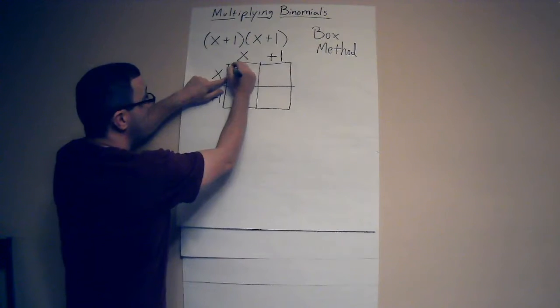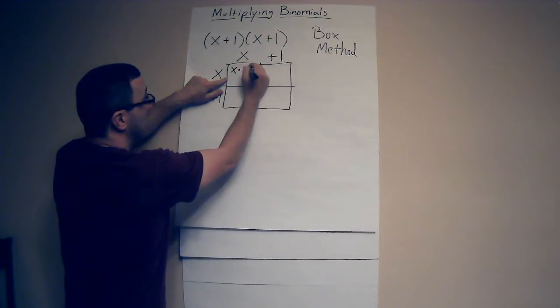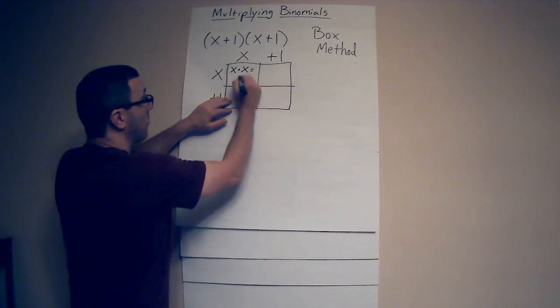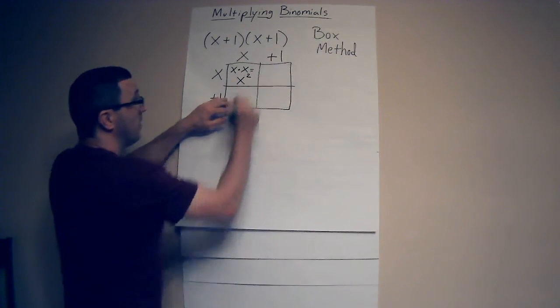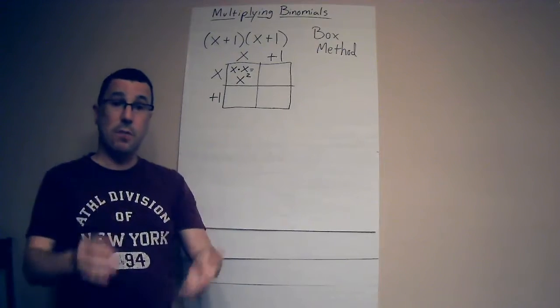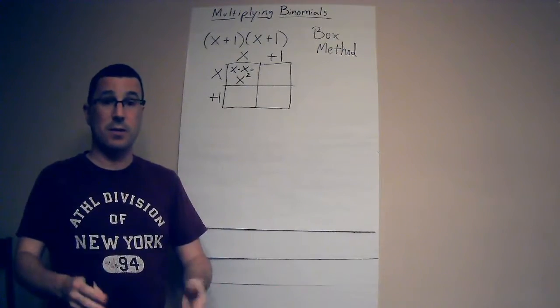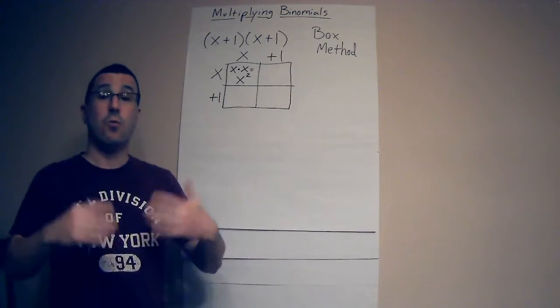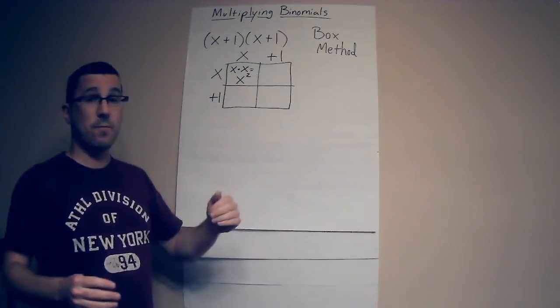So in here I'm doing x times x, x squared. Something times itself is going to give us a squared term, which in this case, since it's just variables, we write the squared there, x squared.